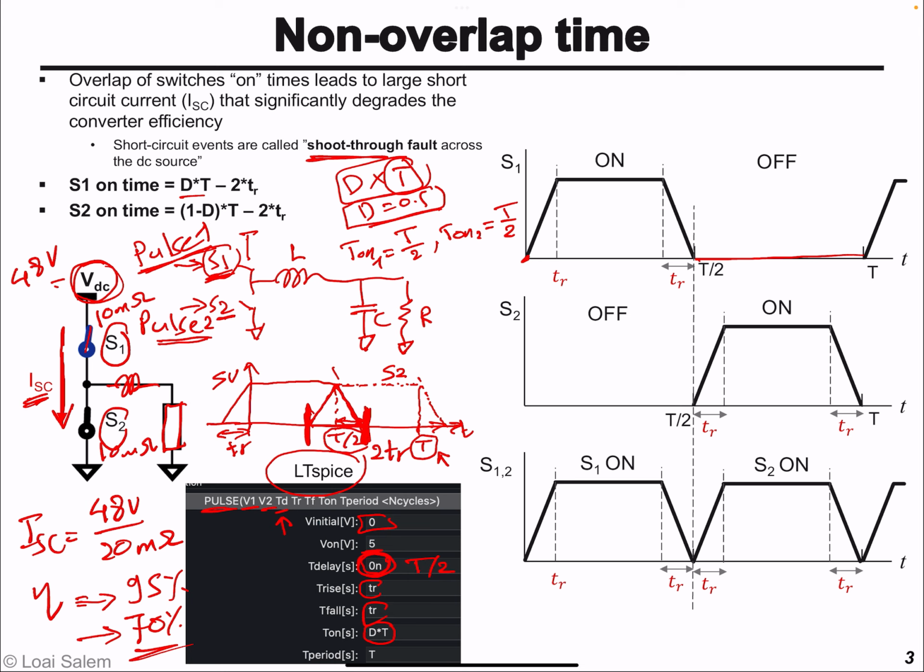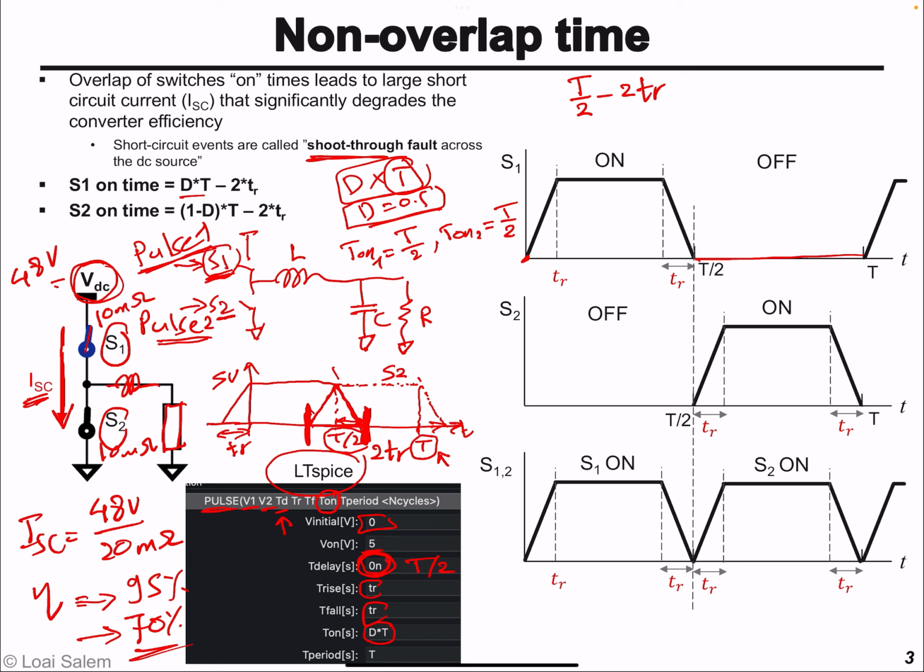So how do we set the clock? Instead of setting the on time of the clock signal or pulse signal that's driving S1 as T/2, if we want the duty cycle to be 50%, we set T/2 minus 2 times the rise time.